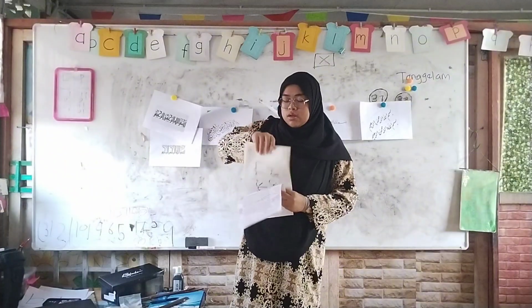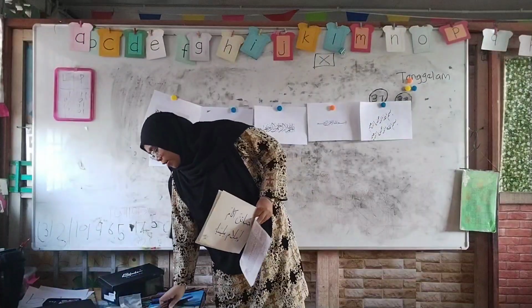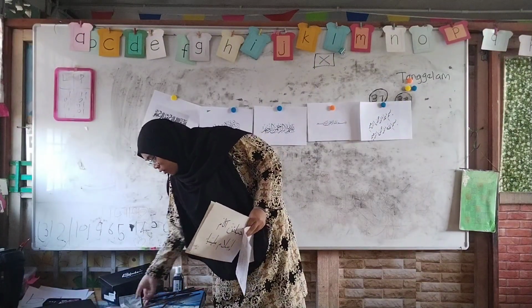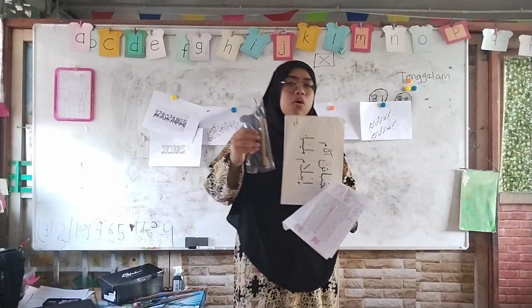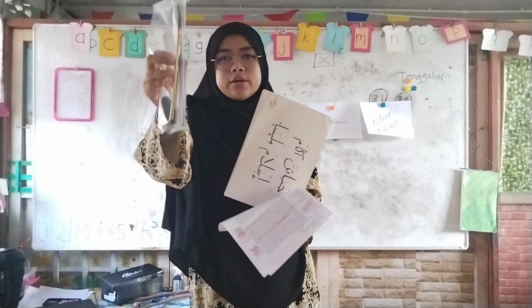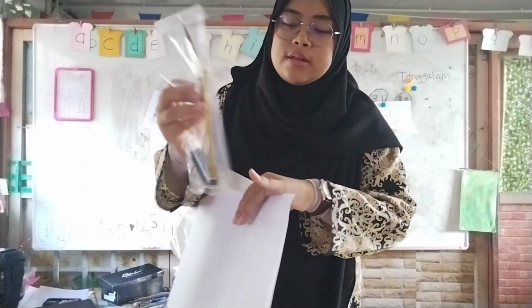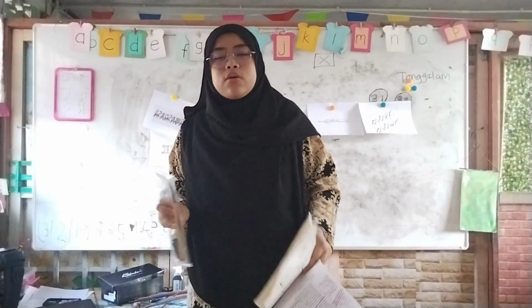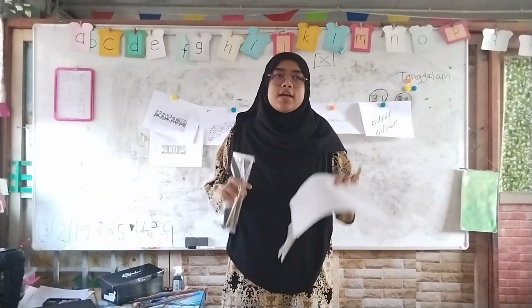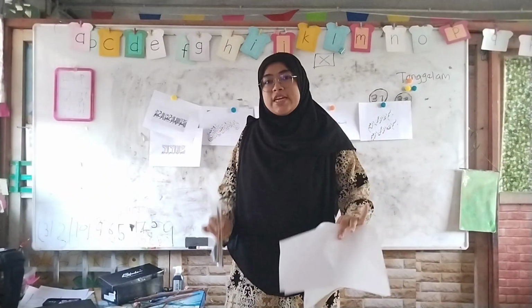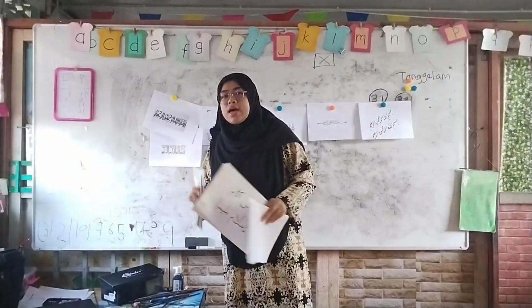Every time we need to do an Arabic calligraphy, we need to have all of this: paper, red pen, ruler, pencil, eraser, and the ink to create a perfect calligraphy ever.